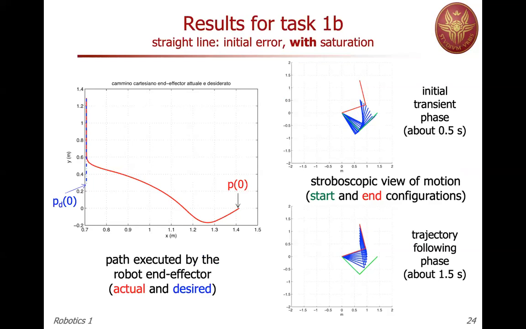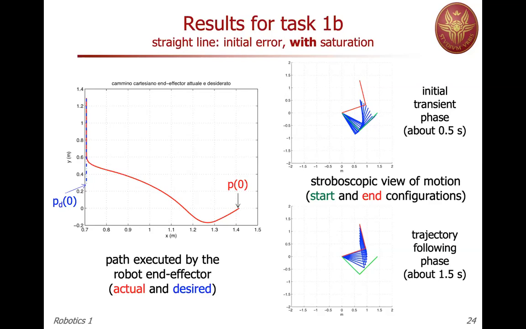If I now put the saturation in place, realistic saturation, what happens? So this is the simulation under saturation with a large initial error. And you can see, again, the straight line going up, the desired path, and the actual path of the end effector, which goes to 0. The error goes to 0, but not really in a direct way. You see that in the first place, there's a divergence, in fact.